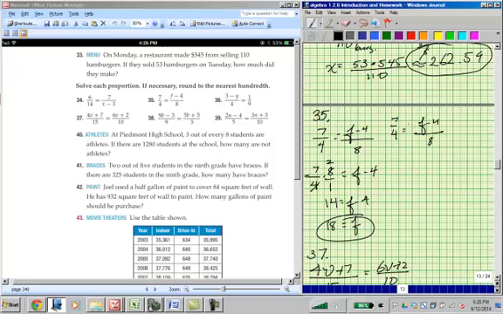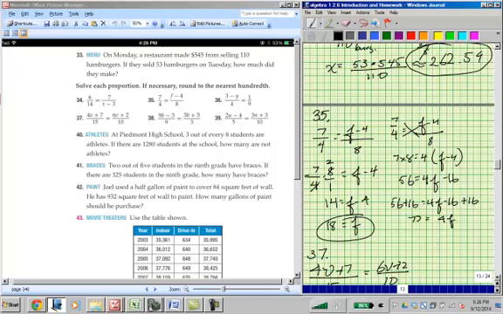Add 16 to both sides. 56 plus 16 equals 4f minus 16 plus 16. 4f equals 72. 72 divided by 4 equals 4f divided by 4, the multiplicative inverse, and then f equals 18.